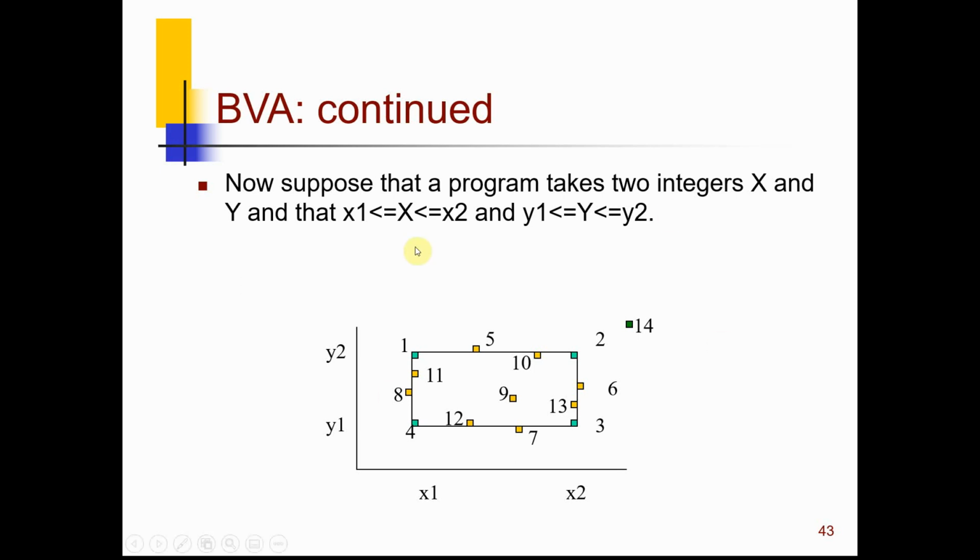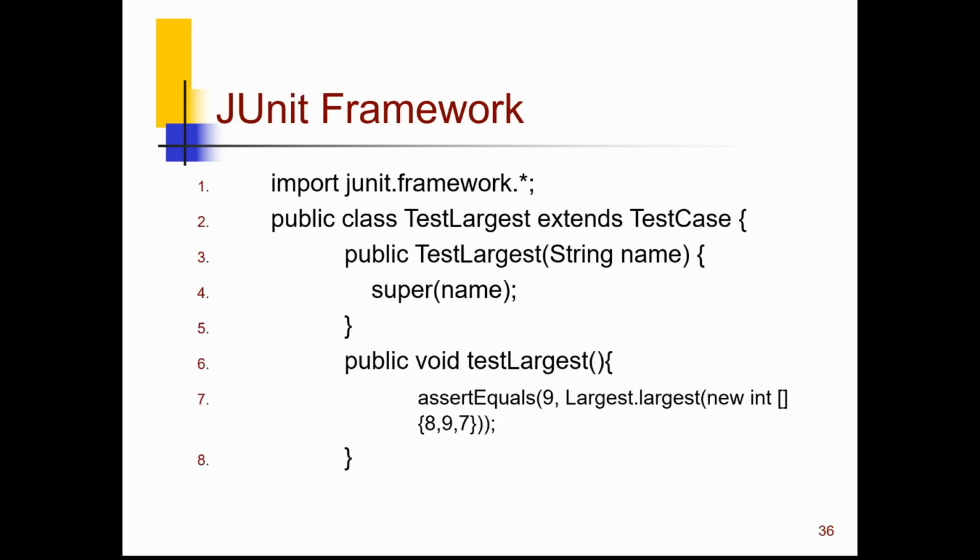So here we have x and y, two variables as the input. Then we can come up with the 14 test data. It is like we run 14 asserts, and we can run 14 asserts here to see what's going on.